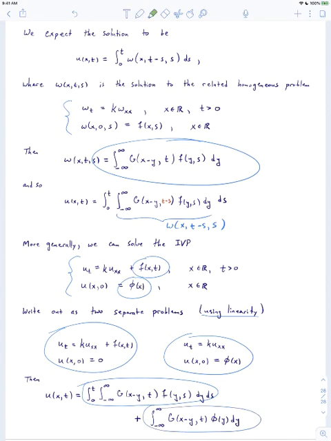Maybe we should color code these a little bit. So this problem has this solution, and this problem has that solution. Notice that this is just a Cauchy problem. This is an initial value problem where we have a source term, but we just talked about how to solve that. So if you put those together, you get your solution to this more general initial value problem.